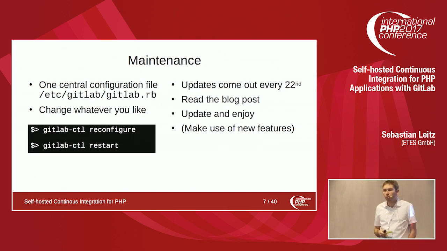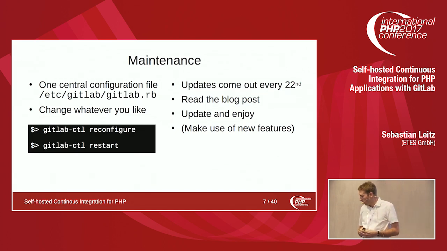There's one central configuration file, this gitlab.rb here. If you change anything in there, it will apply those configuration changes to all the distributed services, the GitLab bundles. And the reconfigure and restart will make them active in your GitLab instance.